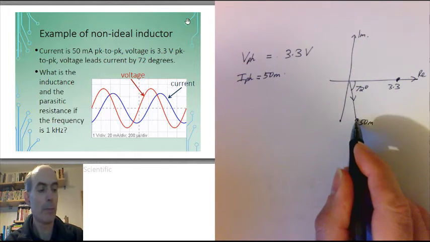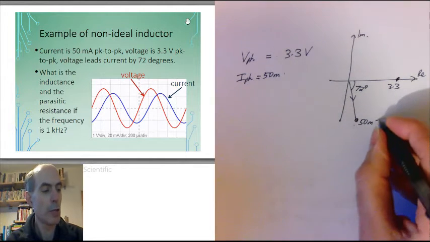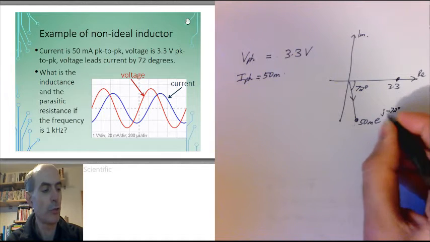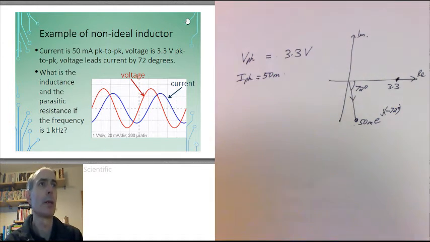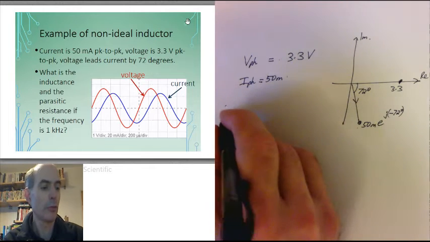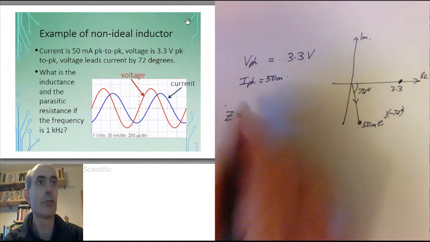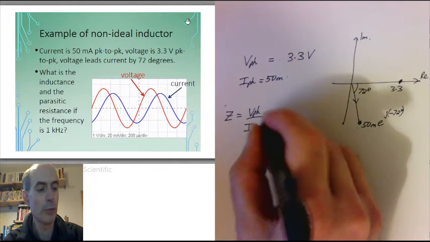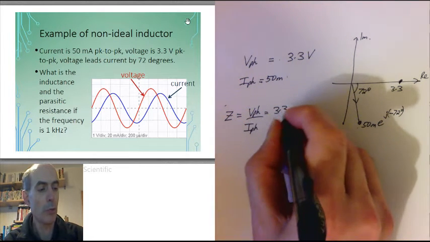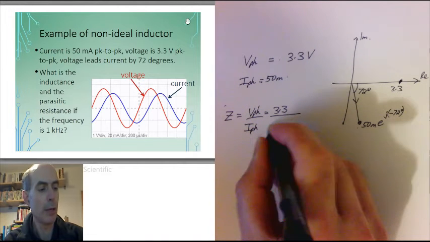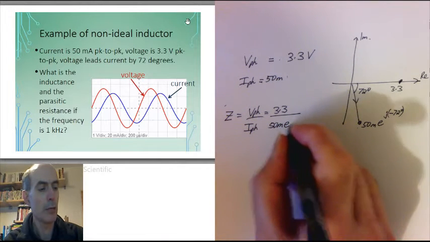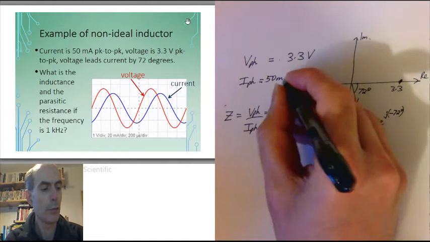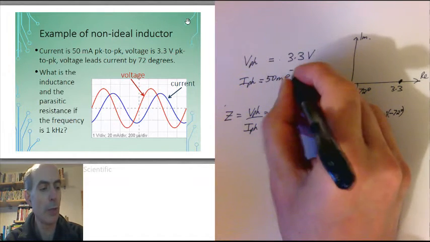So that point there would be 50 milli times e to the power of j, and minus 72 degrees is the angle. Right, well, the complex impedance is just the phasor representation of the voltage divided by the phasor representation of the current. So that would be 3.3 divided by 50 milli e to the power of j, and it's minus 72 degrees. I should have added that up here as well.